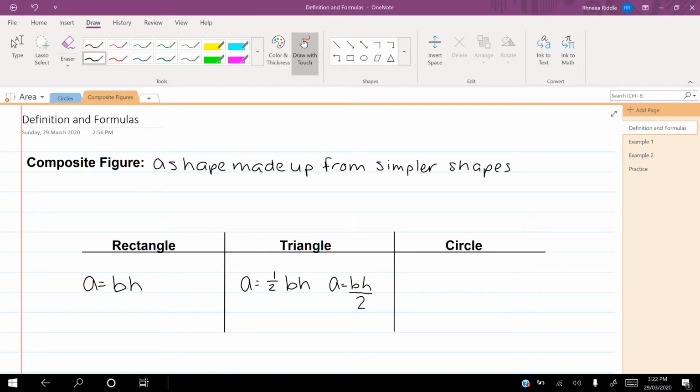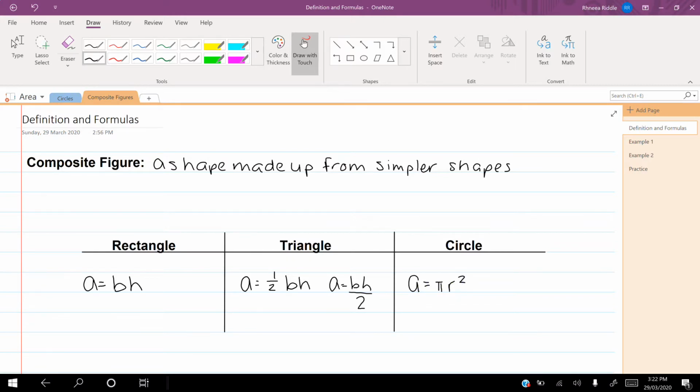And that is because two triangles put together will make a rectangle. So half of a rectangle is a triangle, so half of the rectangle's area is how you're going to find a triangle's area. And then the circle's area is pi r squared.